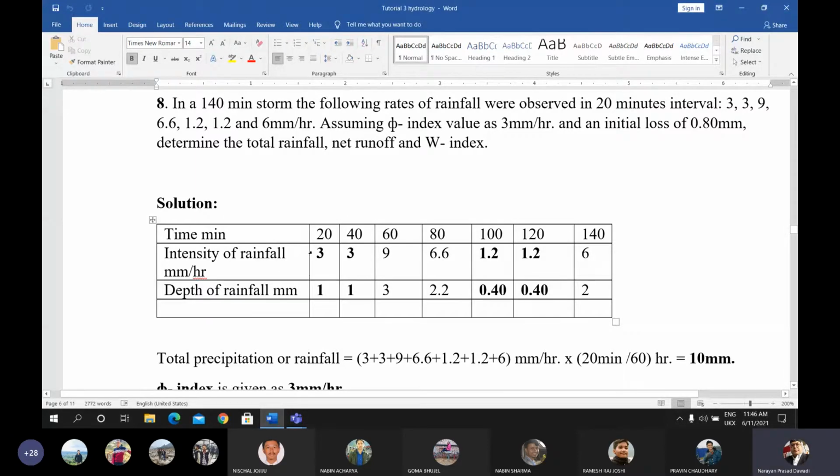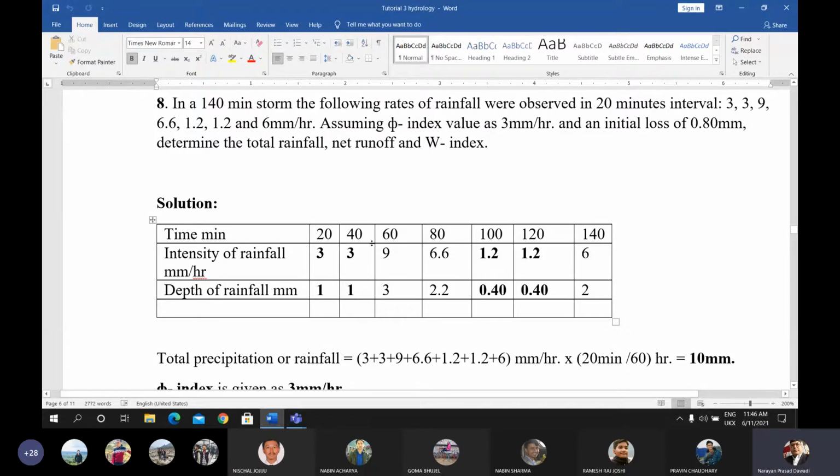So for 20 minutes, this rainfall depth will be 3 into 20 divided by 60, which gives the value of 1 mm. Okay, rainfall depth for the first 20 minutes is 1 mm. For the second 20 minutes also 1 mm.